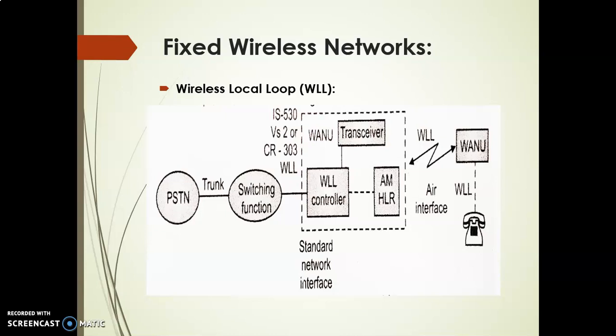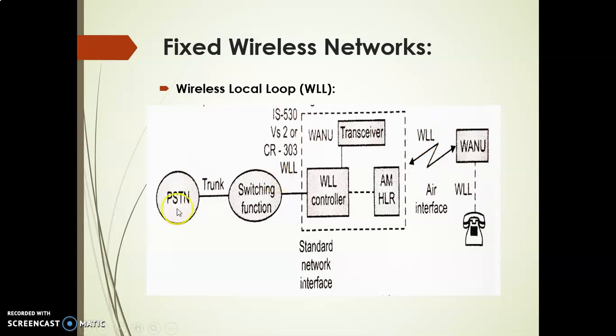Now the WLL controller, AMHLR and transceiver is nothing but your standard network interface, and this is your telephone landline, and this is connected to the WANU, that is wireless access network unit, and this wireless access network unit is wirelessly connected with the WLL controller, that is wireless local loop controller.